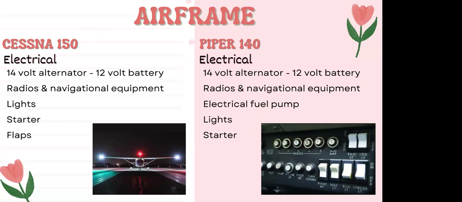So I do have a question: do you guys have any guesses as to why we would want a 14-volt alternator if we have a 12-volt battery? Why wouldn't we just make them both 12 volts? Maybe to ensure that we're always having power going to that battery and we always have power. Exactly that.